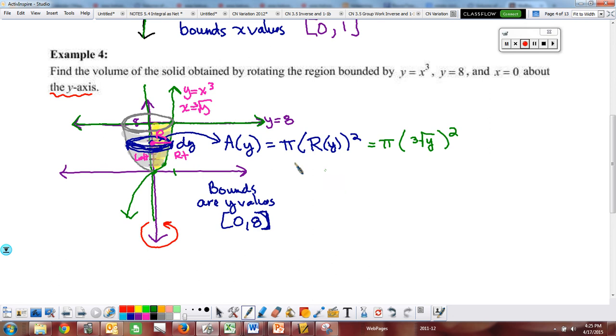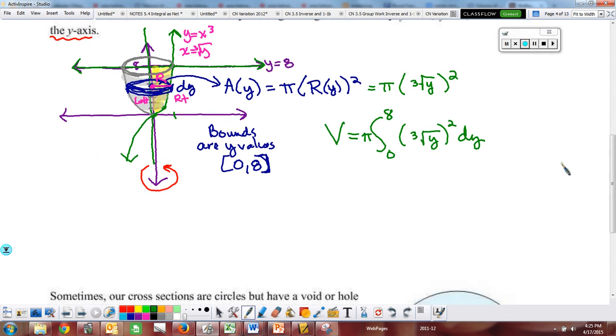So once I get all this information down, my volume is the definite integral, pull the pi out, from 0 to 8 of that radius I found as a function of y squared times dy to get it in units of volume. And again, I'll leave this for you to finish out and get the actual volume.